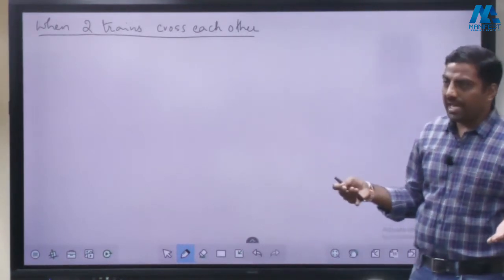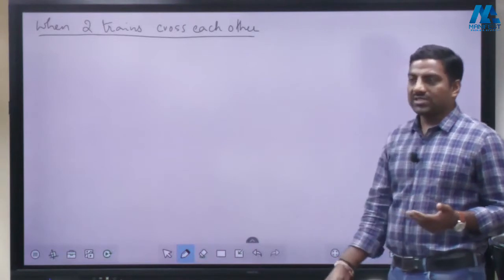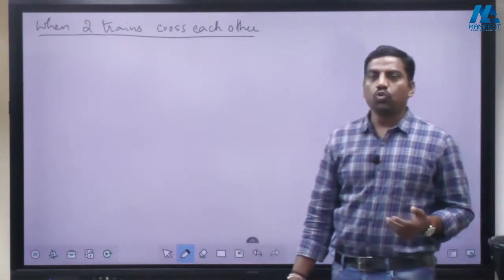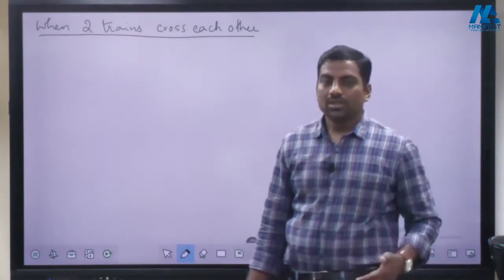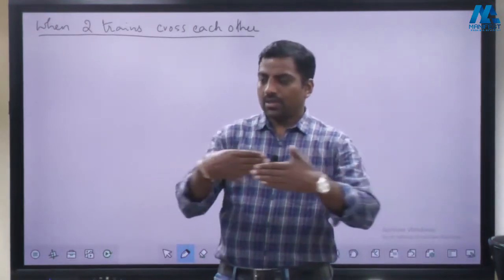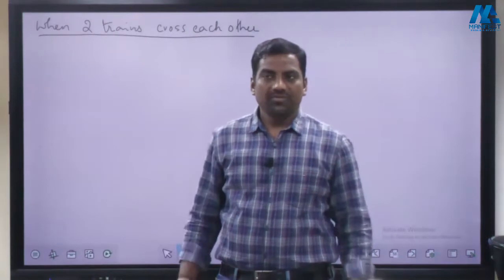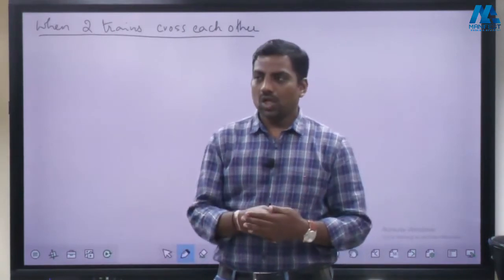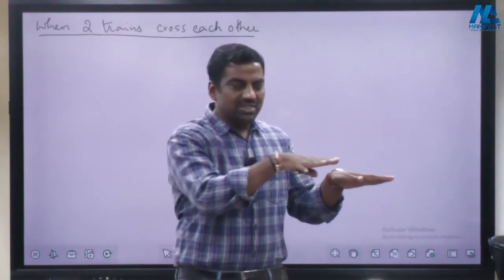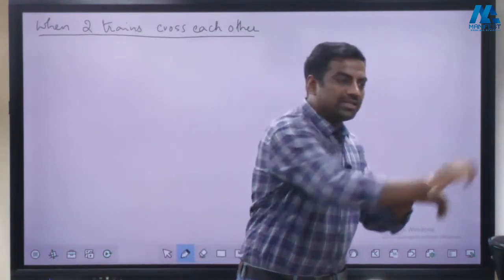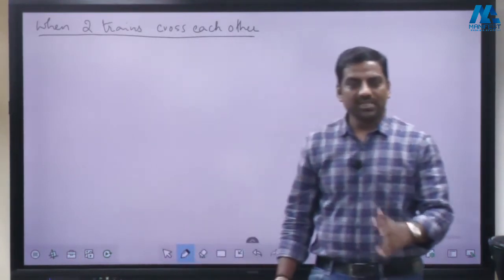Now, when we say two trains are crossing each other, what are the two ways that they cross each other? When they are moving in opposite direction, or when they are moving in the same direction, the faster train will overtake the slower train. Yes, these are the two ways.